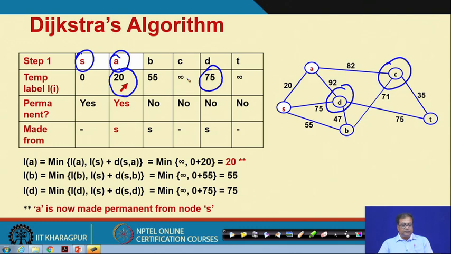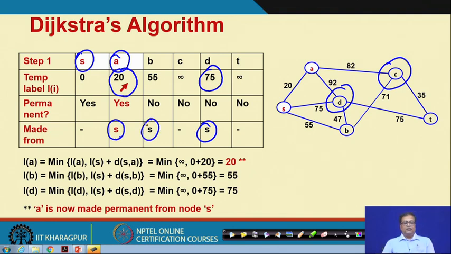I hope you understand. One more thing to note: when we computed those A and D, we found out that A has been made from S and D has also been made from S, right. So, we noted that, and B was made from S as well.